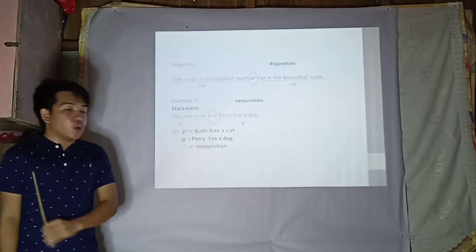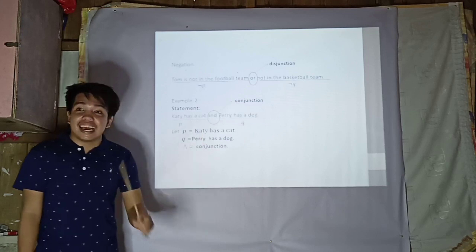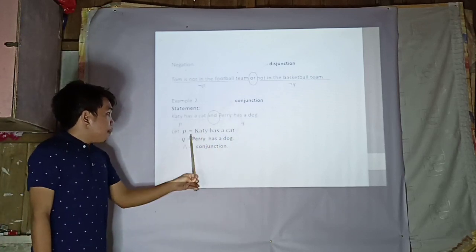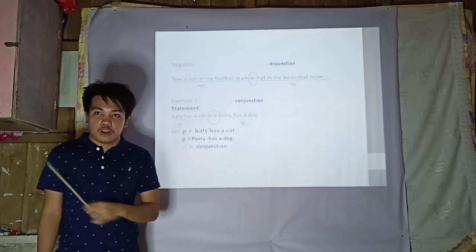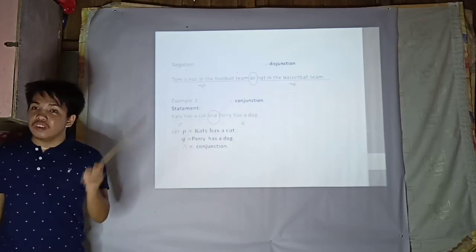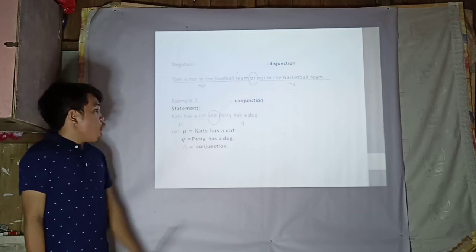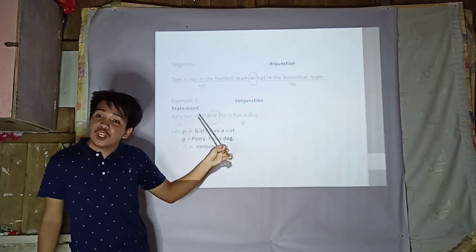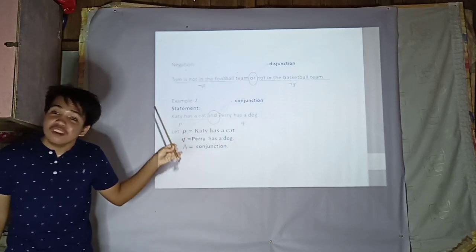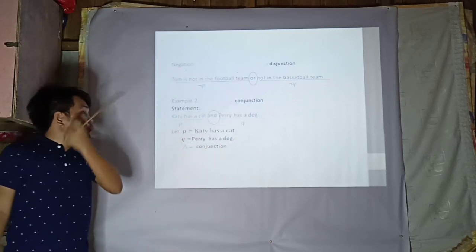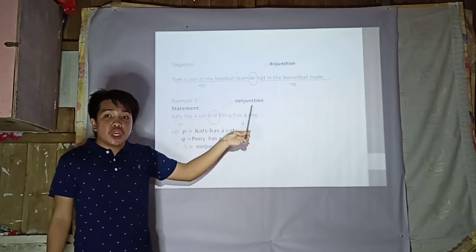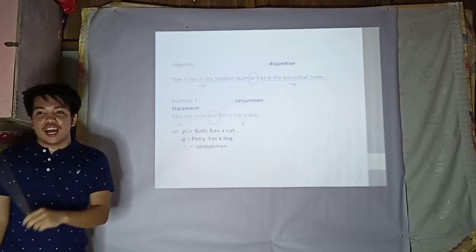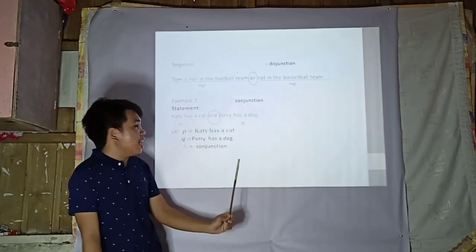Let P be Katie has a cat, which is a true statement. And let Q be Perry has a dog, which is also a true statement. Then we must know the logical operator used in the statement. We notice that the logical operator used is "and", which denotes a conjunction.